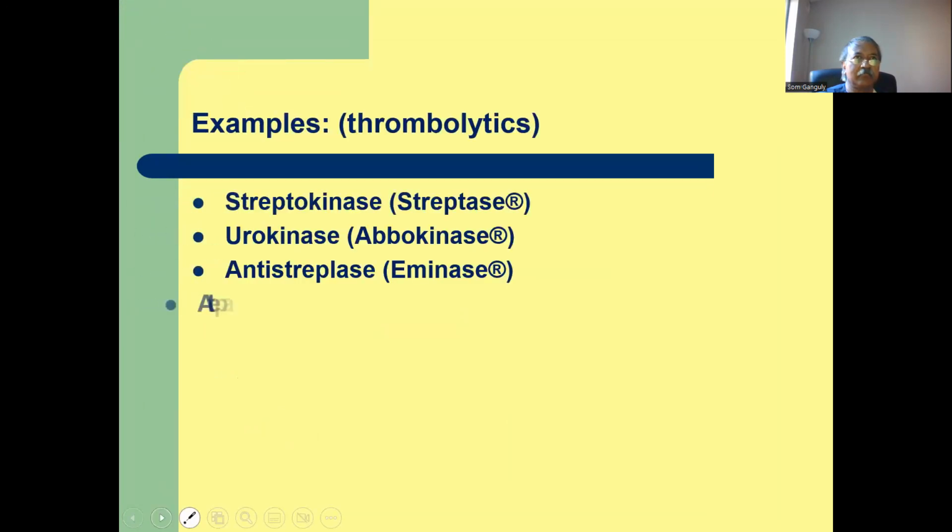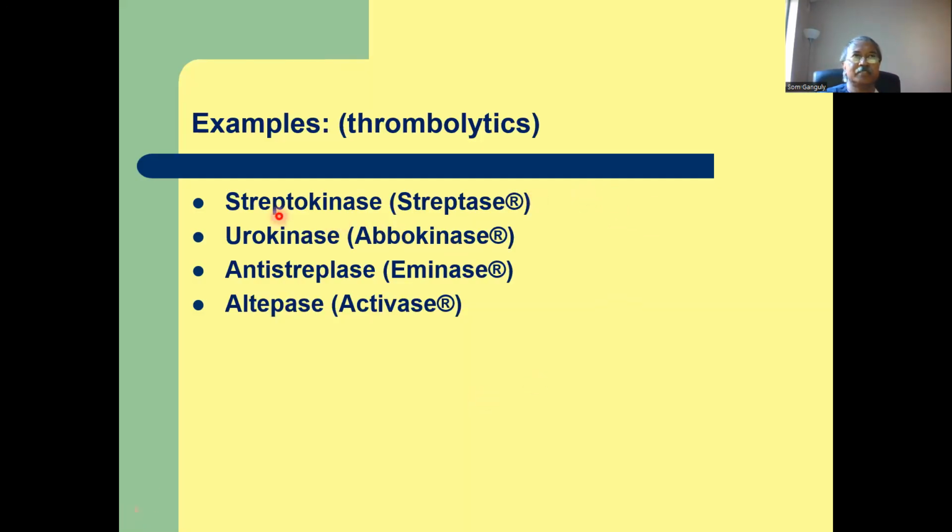There are thrombolytics like streptokinase, urokinase, anistreplase, alteplase. All of these ases mean enzyme. These are synthetic enzymes that dissolve the blood clot. So, thrombolytics also.